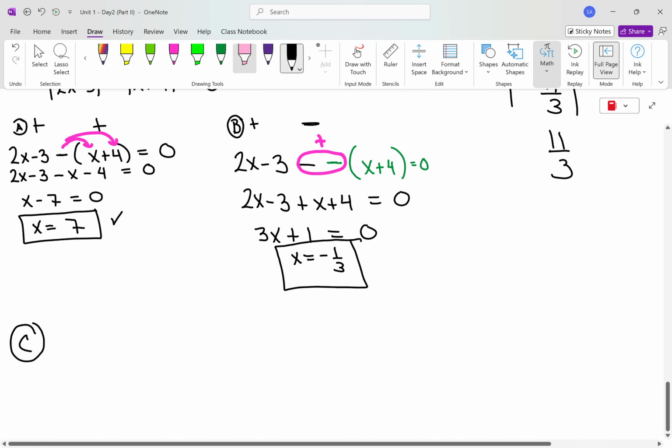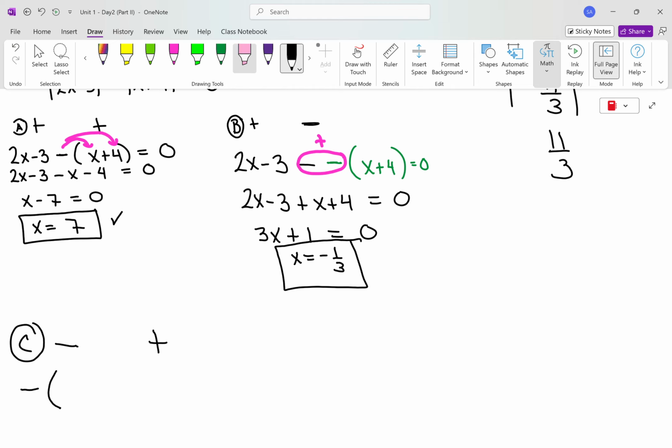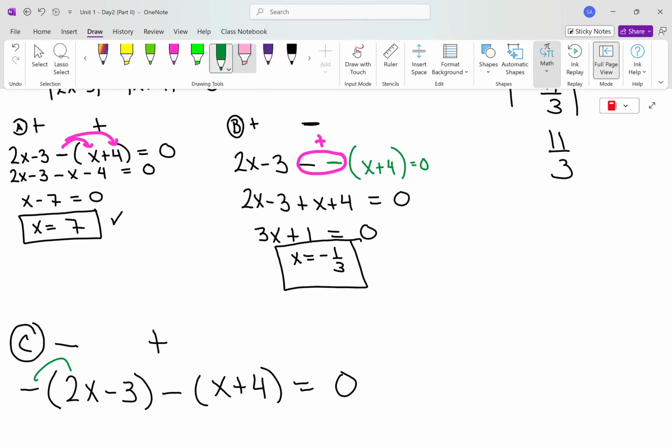All right, now let's check out the other scenarios. So A and B. So choice C was negate the first, keep the second positive. So we're going to have the negation of parentheses 2x minus 3 minus quantity of x plus 4 equals 0. Are both parentheses necessary here?